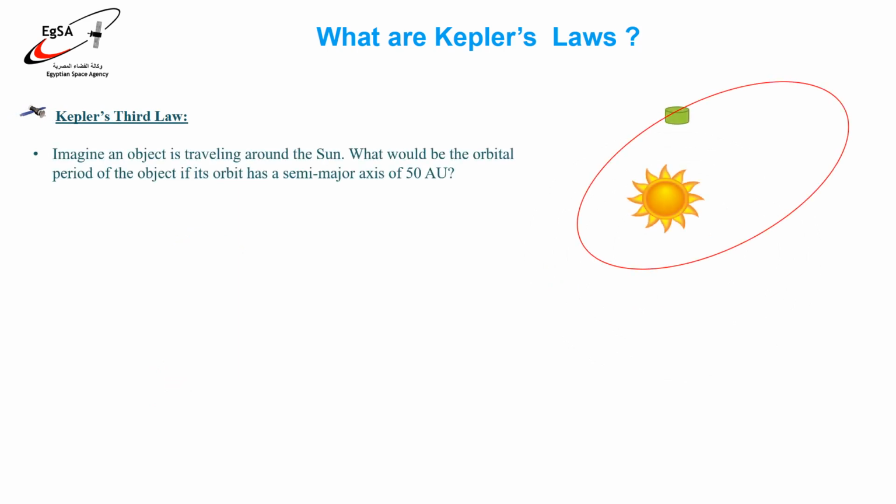For example, imagine an object is traveling around the Sun. What would be the orbital period of the object if its orbit has a semi-major axis of 50 AU?